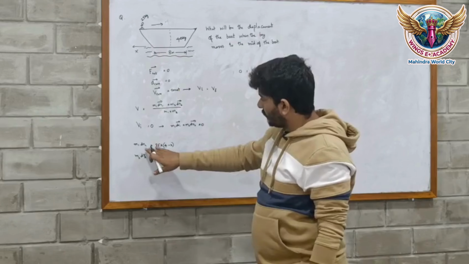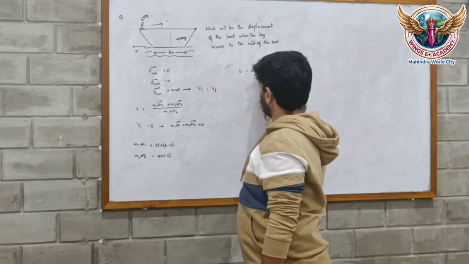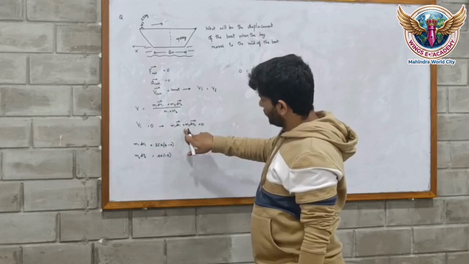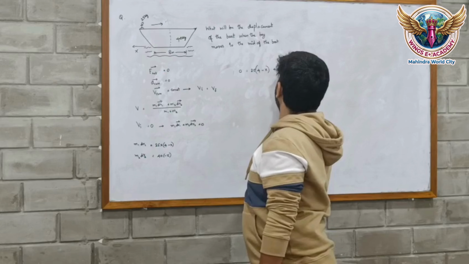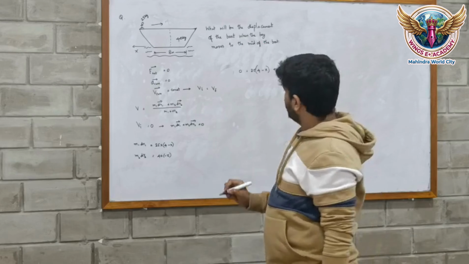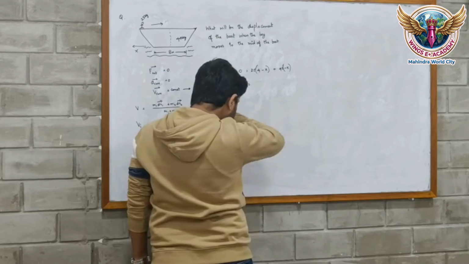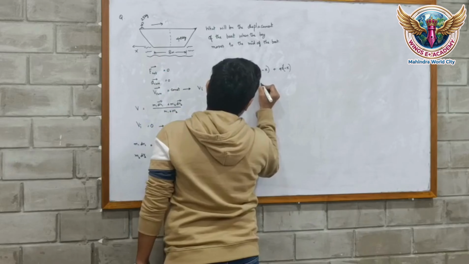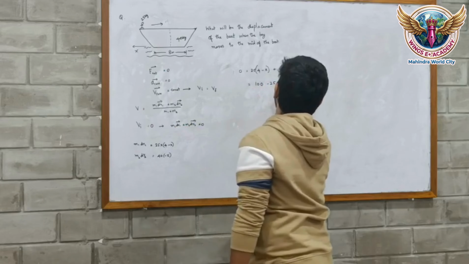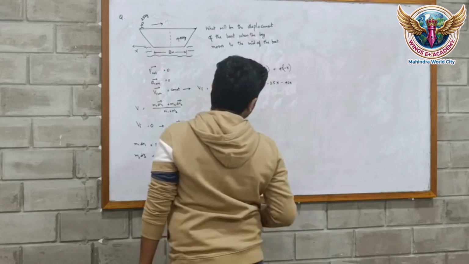So what we will do? 25 into 4 minus x plus 40 into minus x. So you will take these terms separately. 25 into 4 is 100, minus 25x, and minus 40x, which is equal to 0.